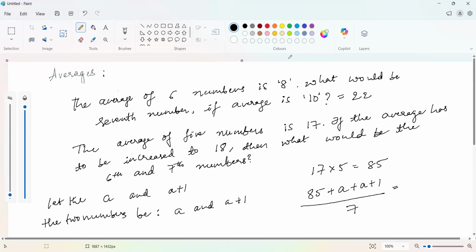That is why you just take it as A and A plus 1, because we don't know exactly what the numbers are. The first 5 numbers can be anything. So we consider the next two numbers as A and A plus 1. Then we can calculate the two numbers to be 20 and 21. That is fine. Yes, 20 and 21.